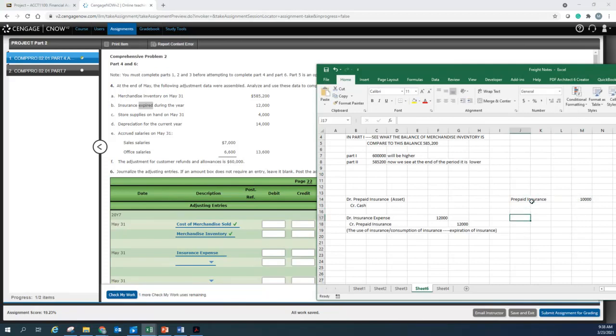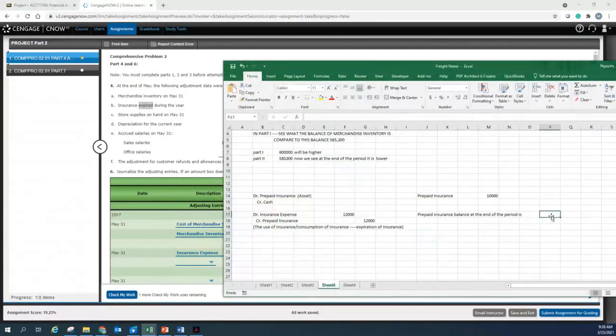Now, prepaid insurance balance at the end of the period is 9,000.